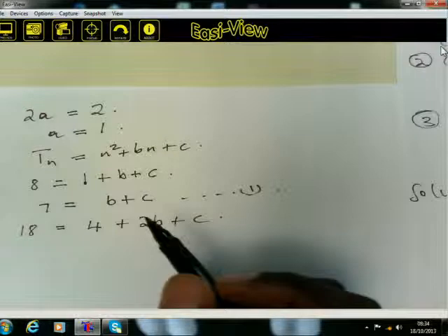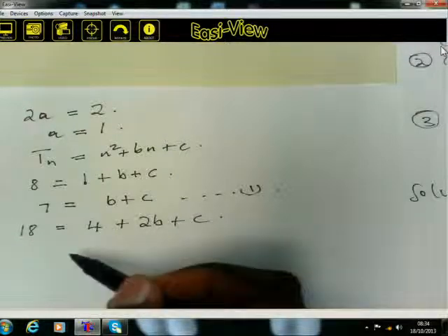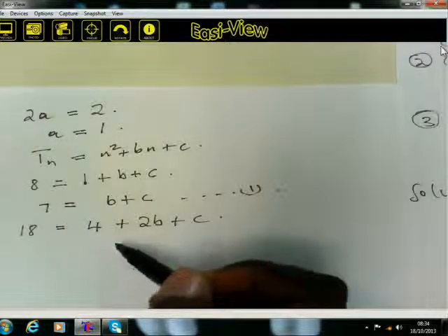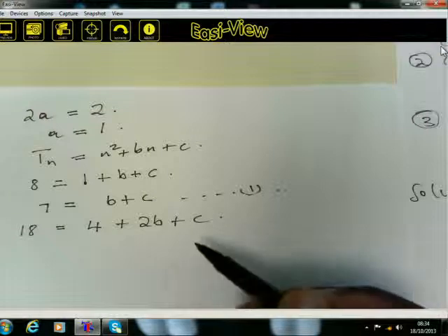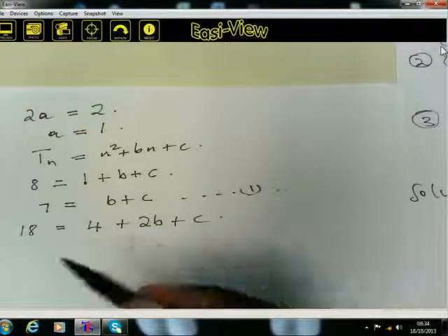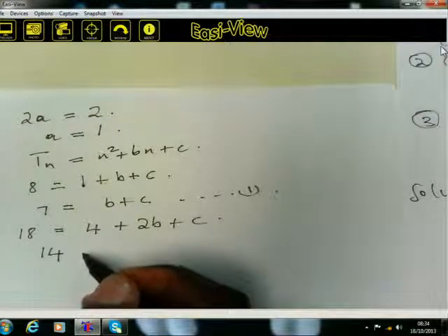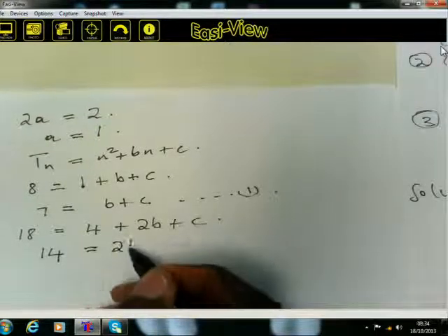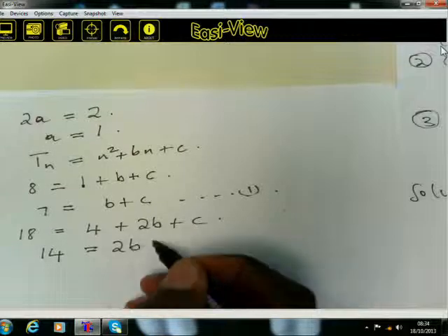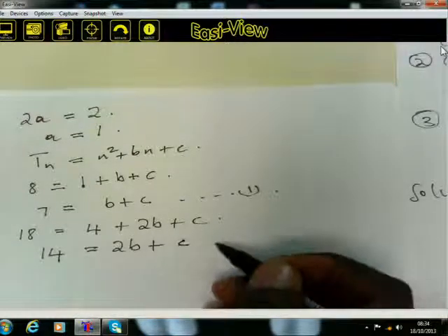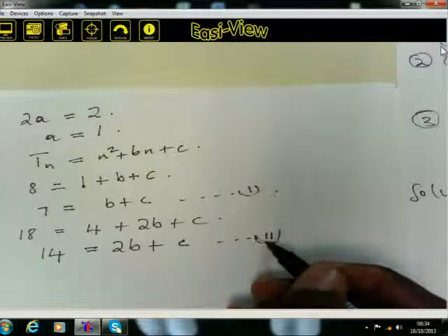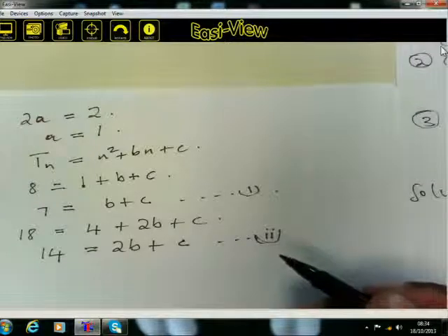That is why here we are going to have 18, which is equal to 4 plus 2b plus c. And then ultimately 14 is going to be equal to 2b plus c. And this is going to be our second equation that is involving b and c.